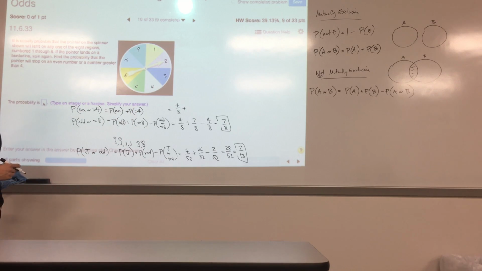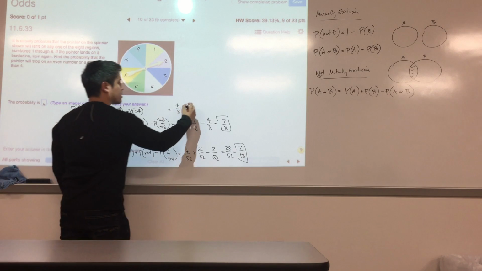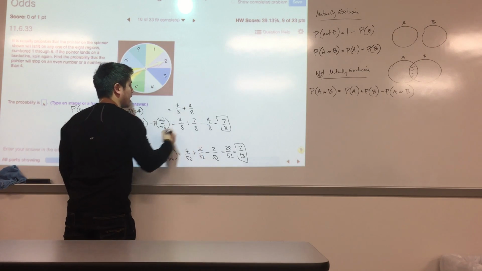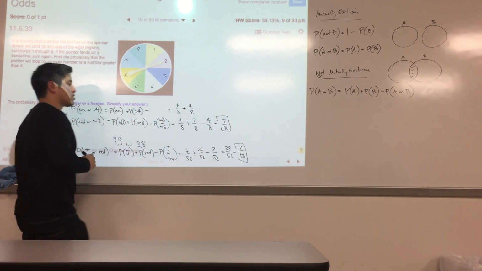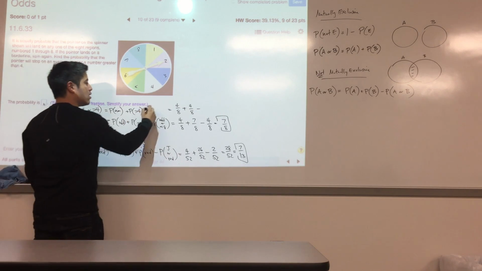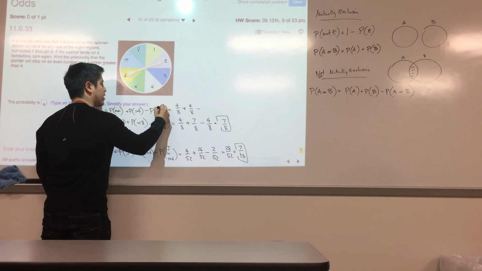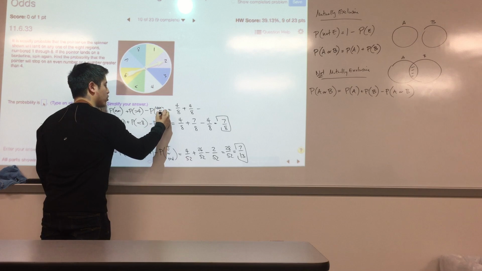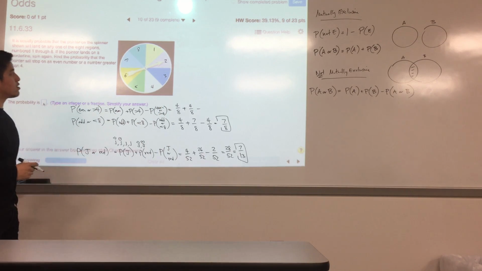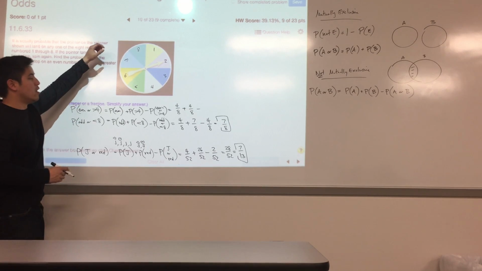We then need to add to that the probability of getting a number greater than 4. What's that? 4 out of 8. 5, 6, 7, and 8. Then we're going to need to subtract from that the probability of getting an even number or a number greater than 4. What is that? 4. Wait. Careful. 2. 2, exactly.